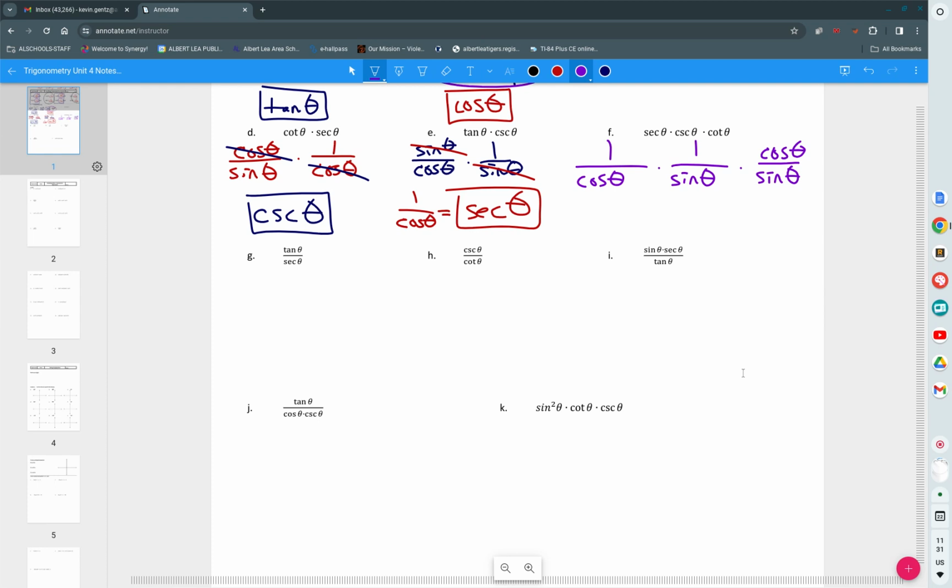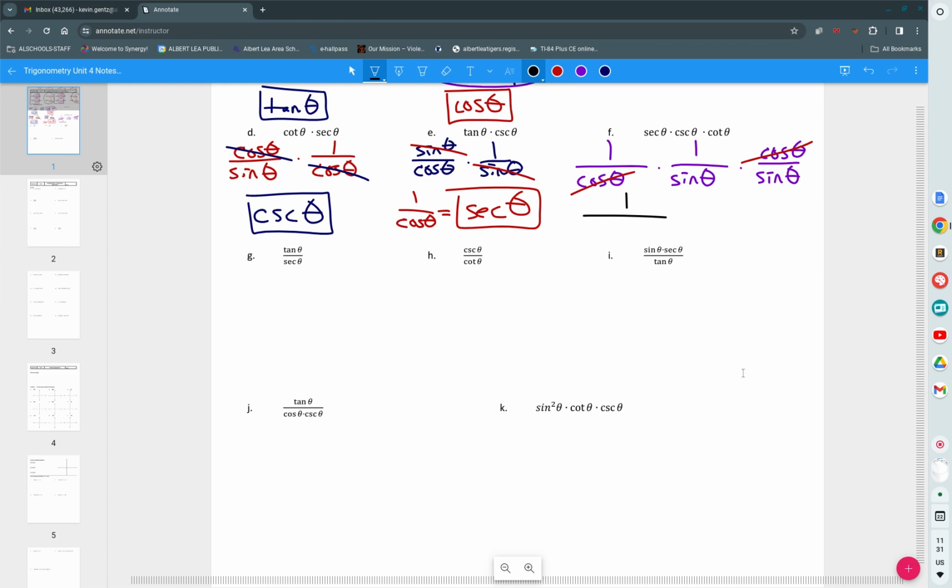All right, what's going to happen? The cosines do cancel out. What do I have in the top? 1. What do I have in the bottom? Sine squared.